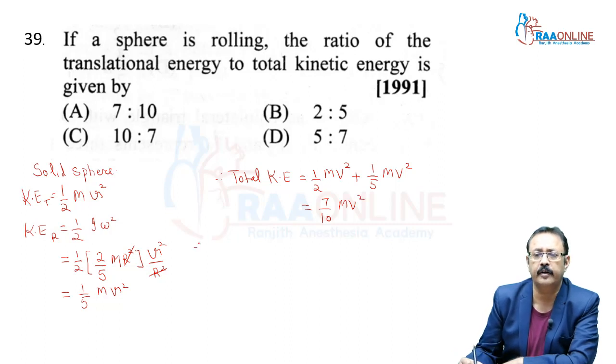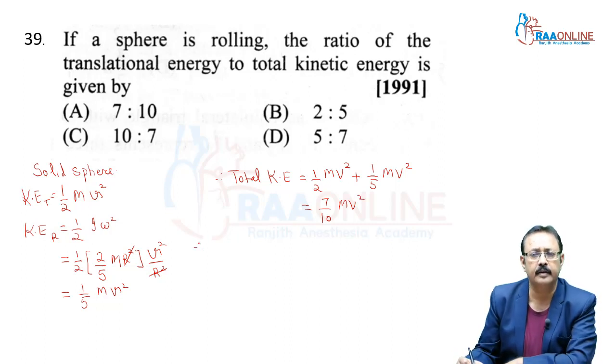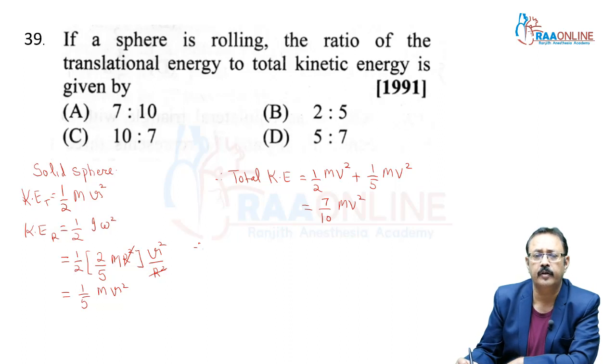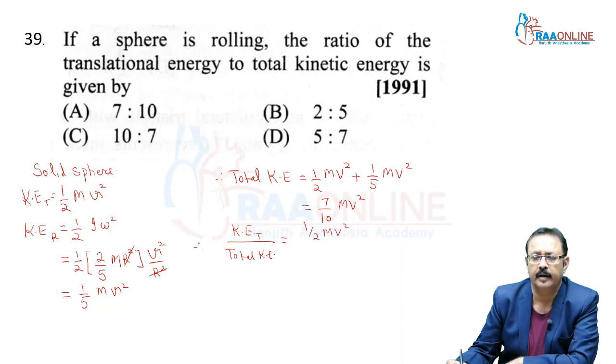So they want us to calculate the ratio of translational kinetic energy upon total kinetic energy, meaning half mv square divided by 7 by 10 mv square.